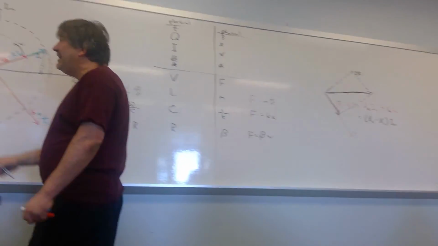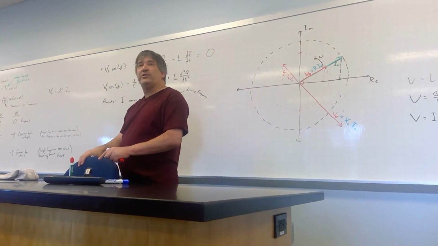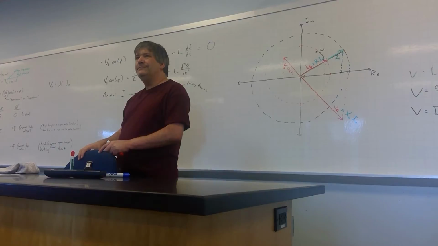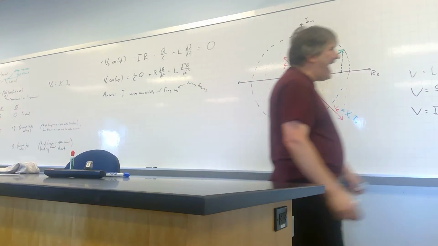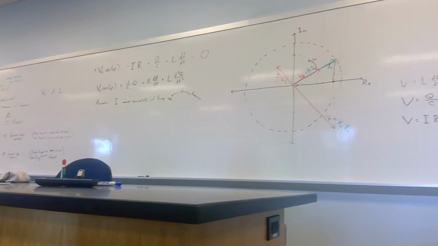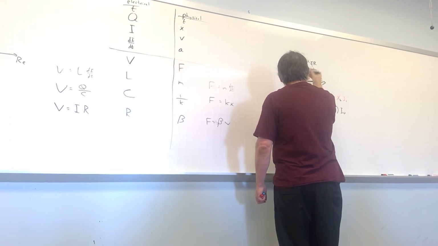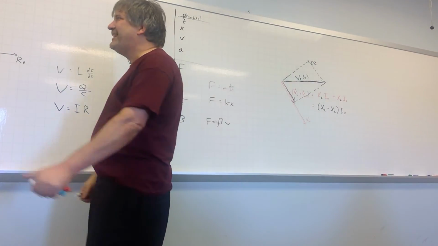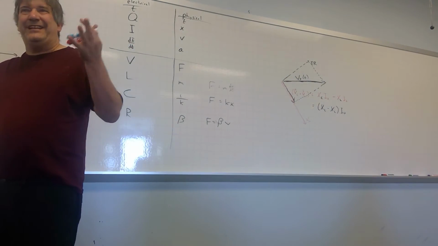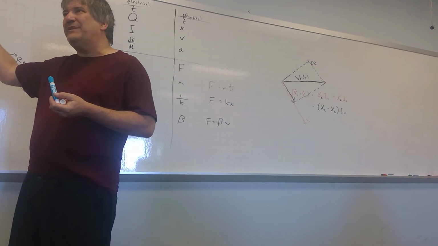But the combined voltage across those three devices has to add up to the voltage across what? The source. So this actually is equal to the phasor for the source voltage. Remember, I told you I was kind of doing the cause and effect backwards. In terms of cause and effect, you kind of think the source is what got this whole thing started, and now I'm trying to figure out how all the other things respond to it.